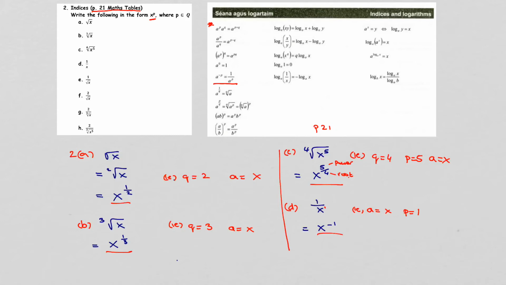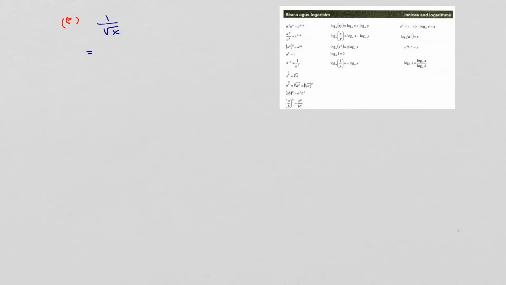Okay, so if we look at e, that looks similar to d. It's 1 over x, but it's 1 over root x this time. So if I go on to the next page, e is 1 over root x. This is combining what we just did a second ago. We have 1 over, which is this one here, and we also have a root. So we're combining these two rules that I've just underlined.